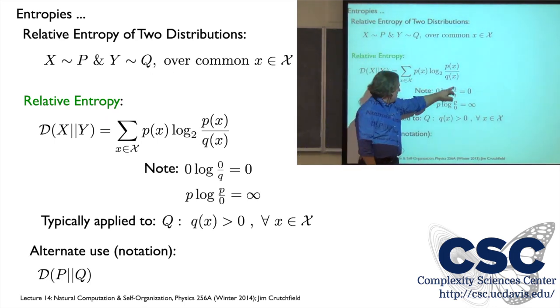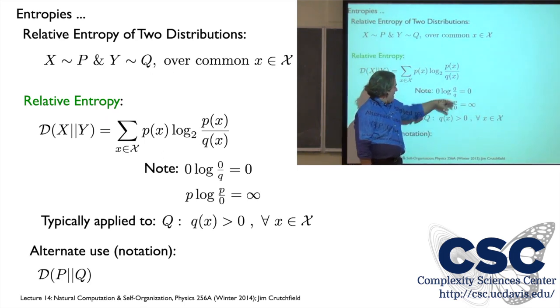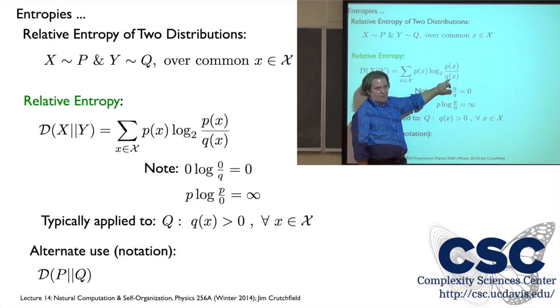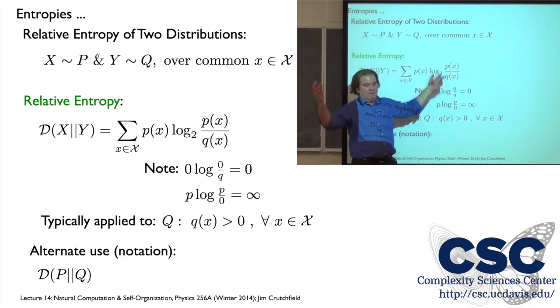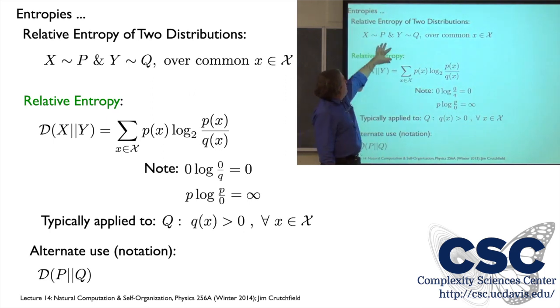You have to worry about these conditions, of course. In extreme cases, 0 log 0 is still 0, so that's okay. But this relative entropy technically is useless when the q distribution assigns 0 probability. In other words, the relative difference between the x and y random variables would be arbitrarily large.